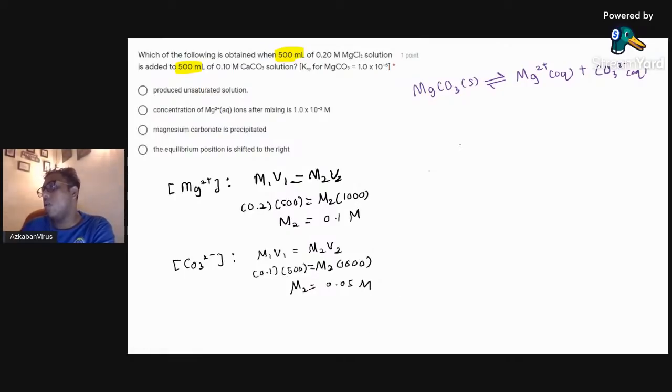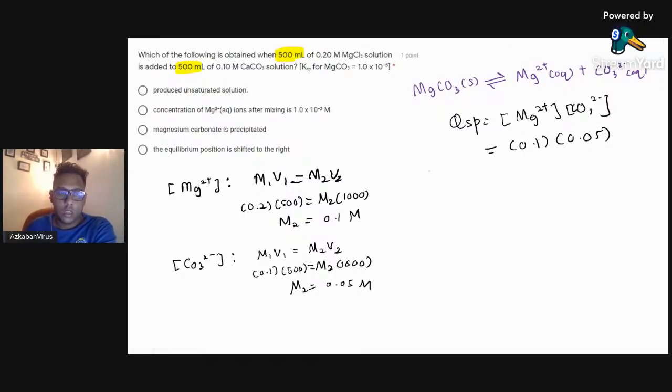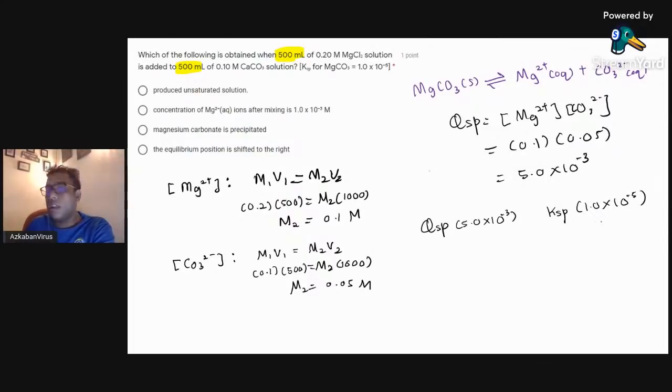So kita tahu QSP is equal to, ini sama dengan, compare QSP, lebih kecil atau lebih besar?